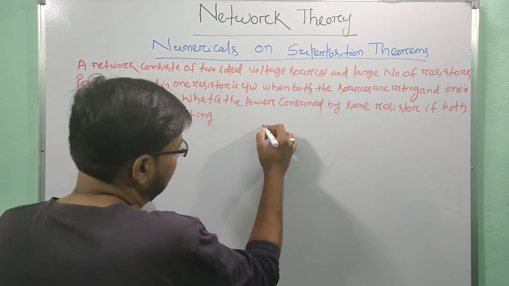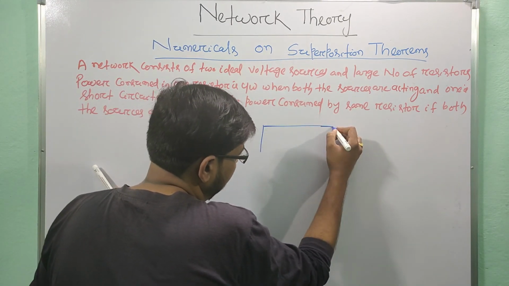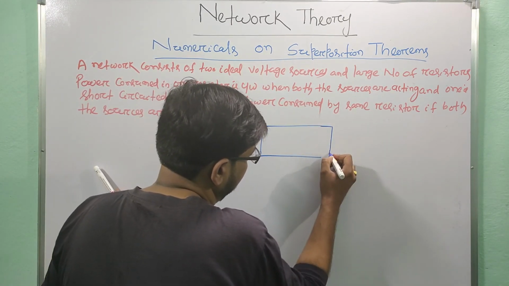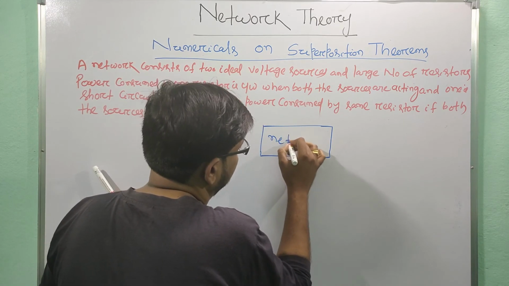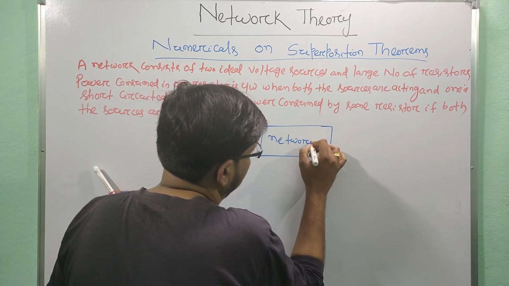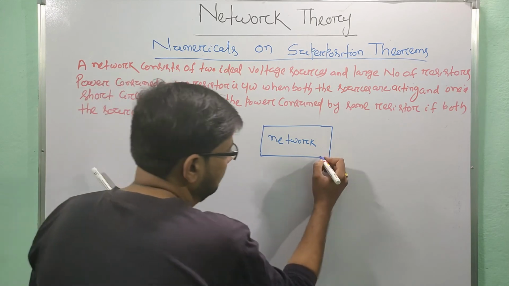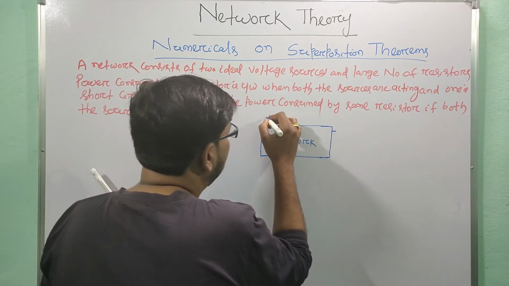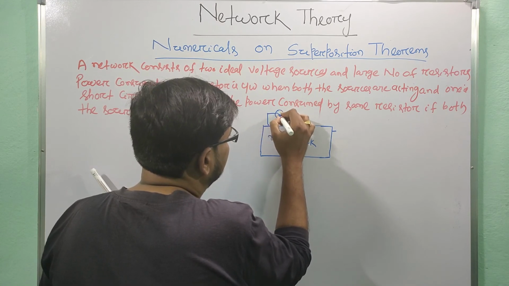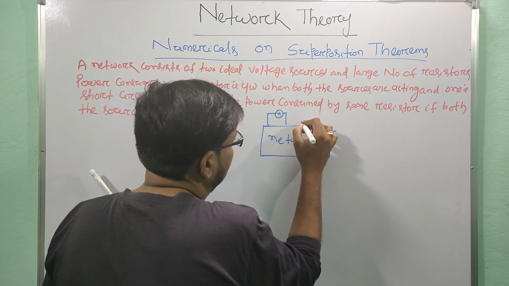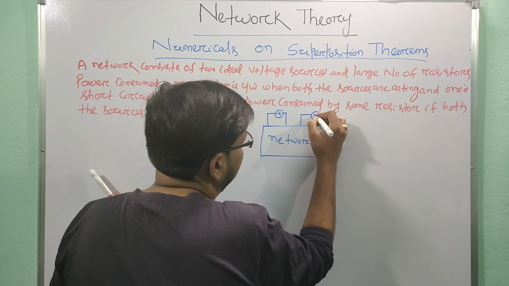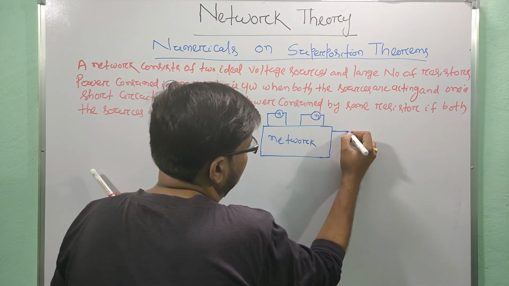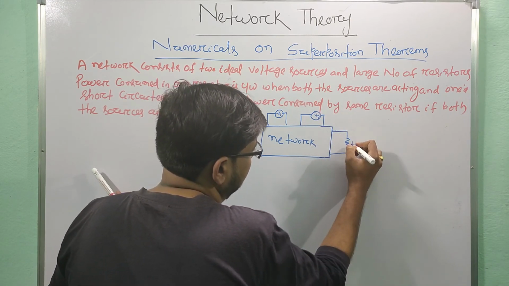I will take a network. Now here two sources are acting. Let it be V1 and V2, and a resistor R.